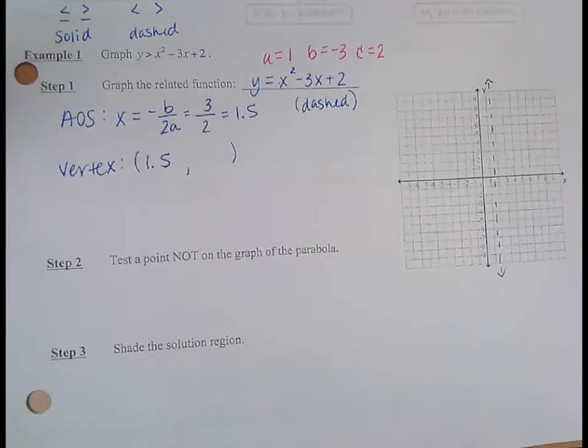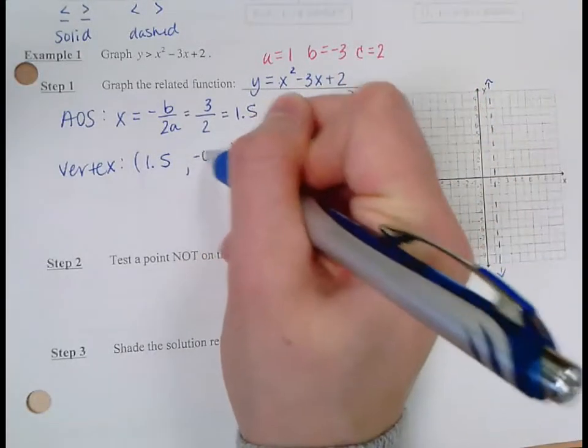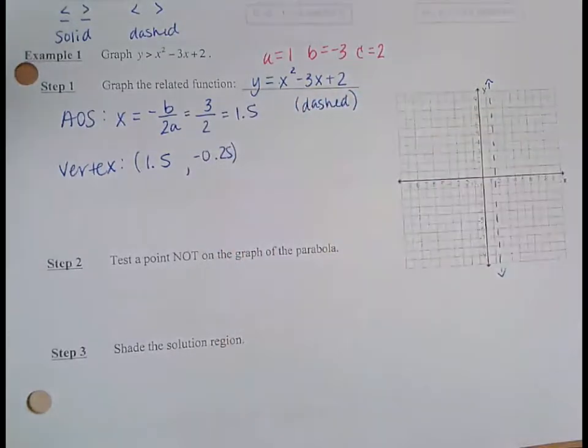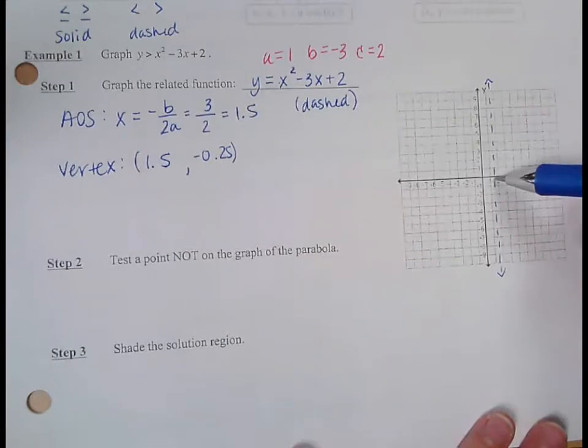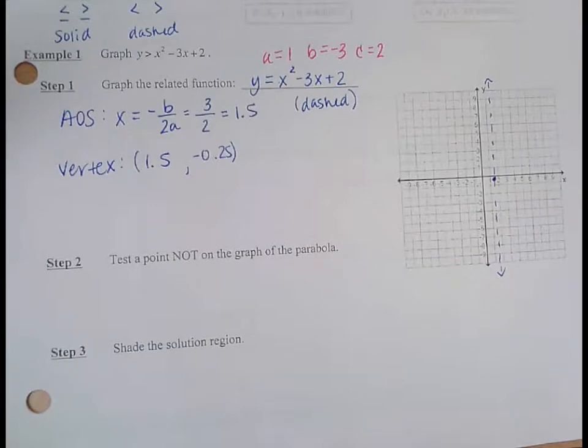So we have 1.5 squared minus 3 times 1.5 plus 2. So -0.25 is the y coordinate. So it's just barely below the x-axis there.